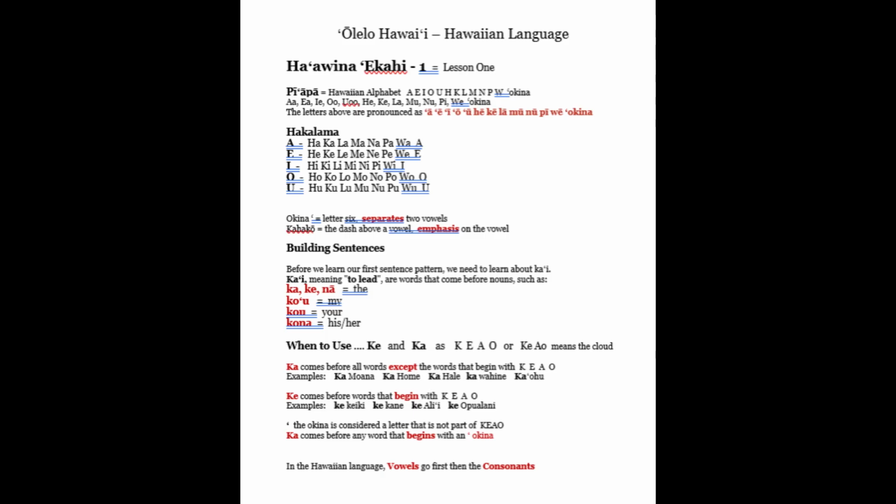Those words begin with K, E, A, O, so you need to begin with ke instead of ka. Ke keiki, the child. So you can go over this and then you can practice this. Now the vowels go first, then the consonants. So you need to just go over that and practice that.